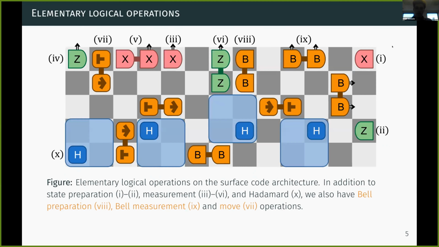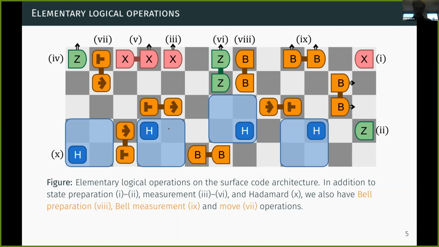On the surface code architecture, we can define various elementary logical operations. For example, X and Z state preparation, single qubit measurements, which is the Z or X measurement. We can perform Hadamard gates, which require 3 ancilla patches. So we have our Hadamard here and 3 ancilla.